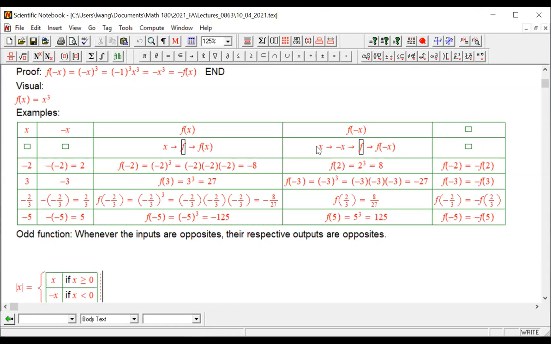What would that be? Would it be whenever the inputs are opposite, their outputs are the same? That's right. That's perfect. Jacob, could you type that sentence in the chat so everybody can see? Sure, but it's going to be a while. No problem. Take your time. That's wonderful.